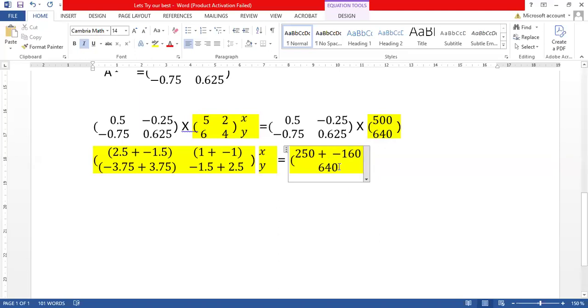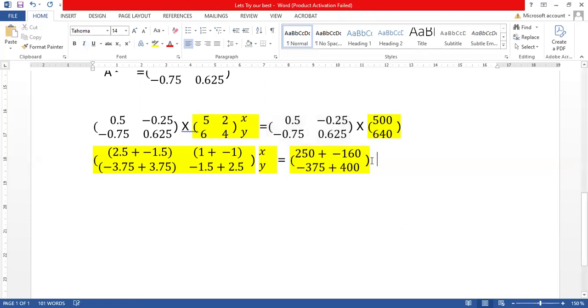Okay, then here what do we get? Negative 0.75 times 500, negative 375. Then plus positive 0.625 times 600, 400. You get 400.